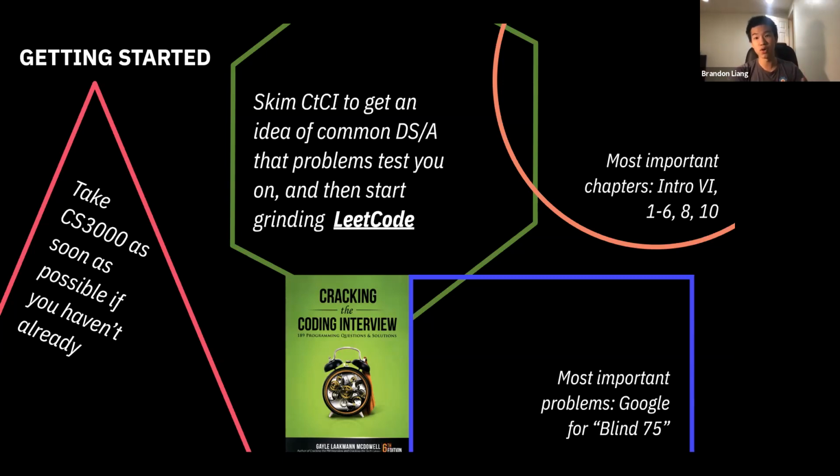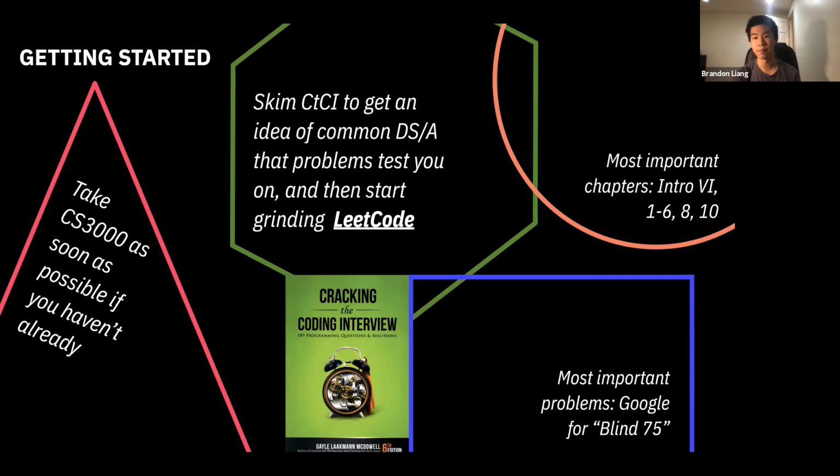And it's important because you need to get exposed to those data structures, big O runtime, and algorithms like dynamic programming. You should ideally have knowledge of that before going into these interviews. And it makes it easier to start on the LeetCode grind afterwards.